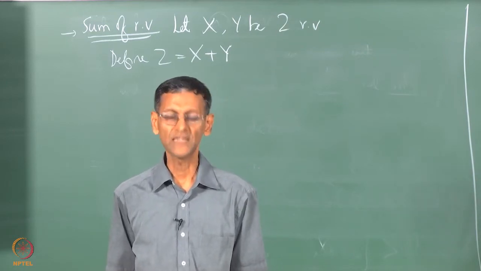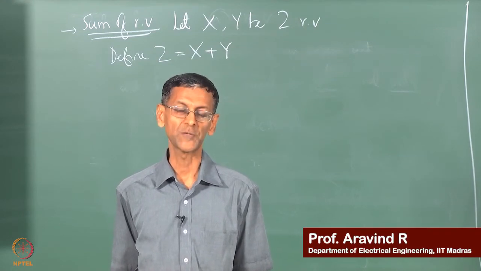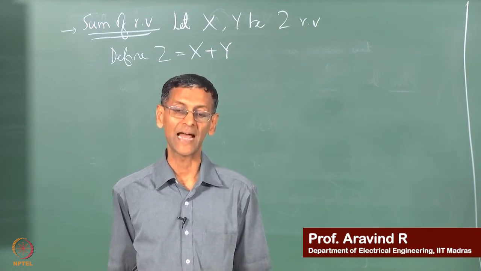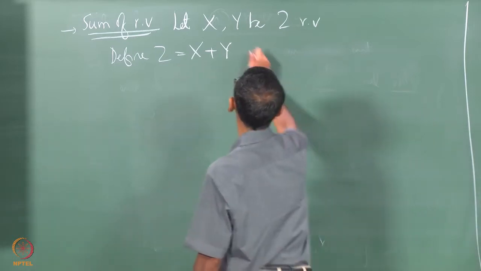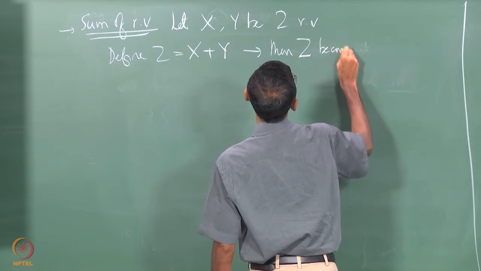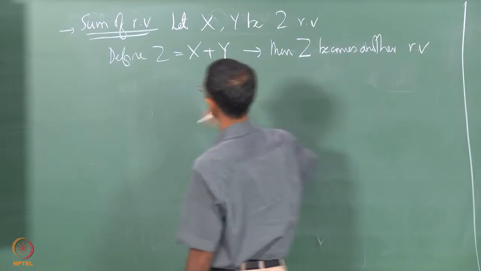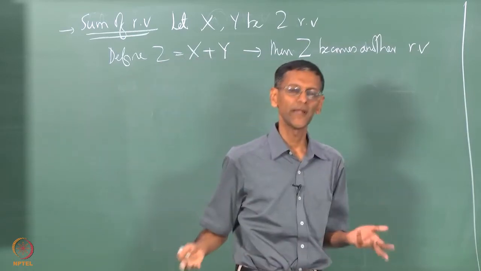By adding I just mean, since x is after all going to be a number as a result of an experiment, and y is going to be another number, I can always add them. So if I do that, then z becomes another random variable, defined for each point in the sample space.